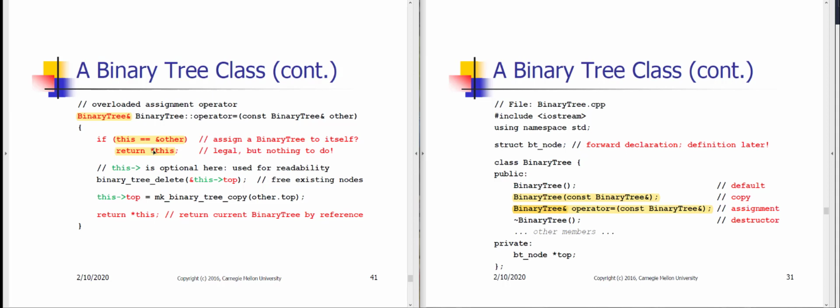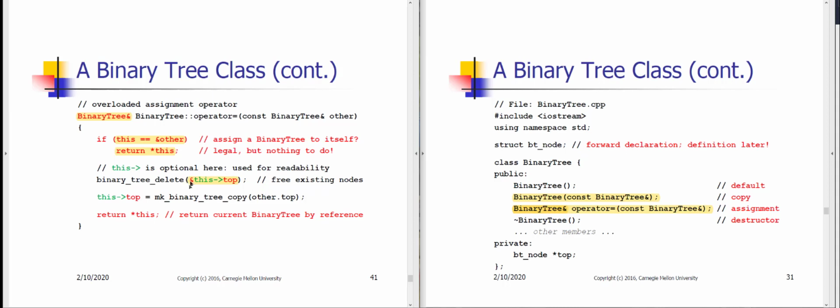All right, so once we've dealt with self-assignment, the second step is to always clean up any data associated with the current object. For example, in the case of the binary tree, since we're assigning some other binary tree to our current binary tree, that means we had better delete all of the dynamically allocated nodes that already exist for the current tree.